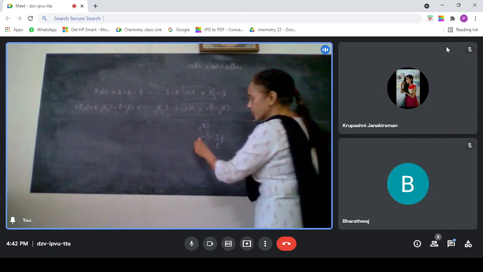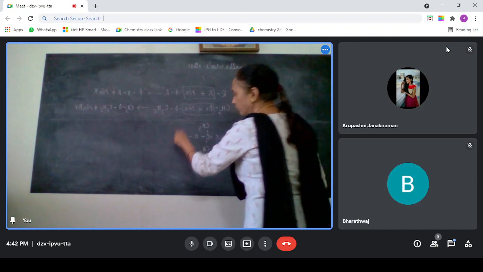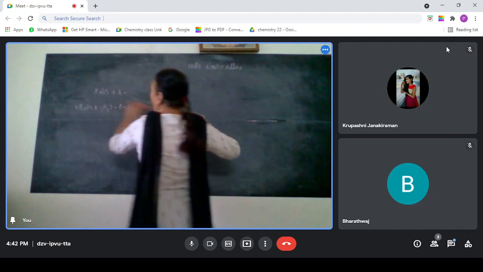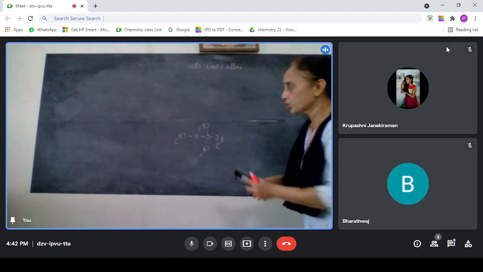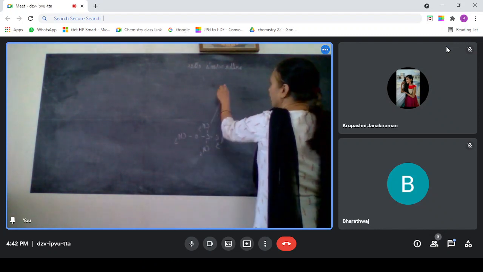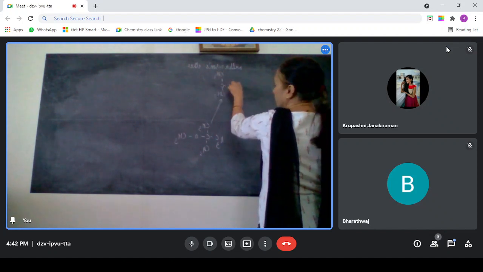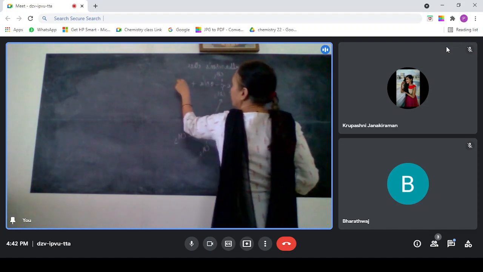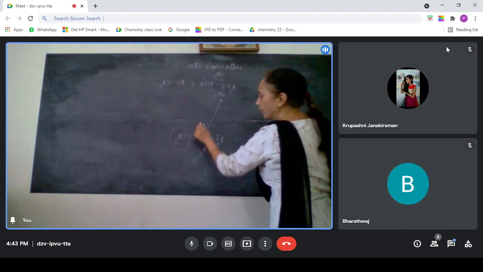This is the in-text question actually. If you want to prepare this compound, how will you prepare? There are two choices. One, the tertiary butyl group can give the alkoxide and you can have alkyl halide from the smaller group.